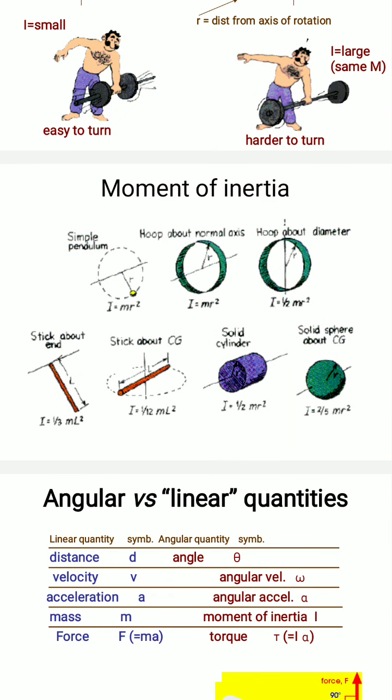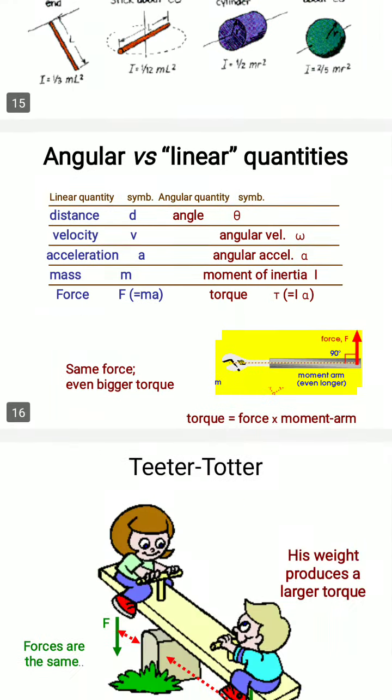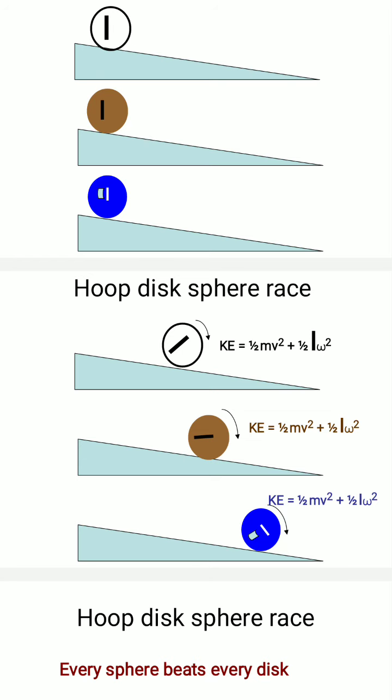The body with the lowest moment of inertia will have the highest velocity. See here, the sphere, this blue one, has half I omega square with the smallest I. So it has the smallest moment of inertia, which means it will have the largest velocity.